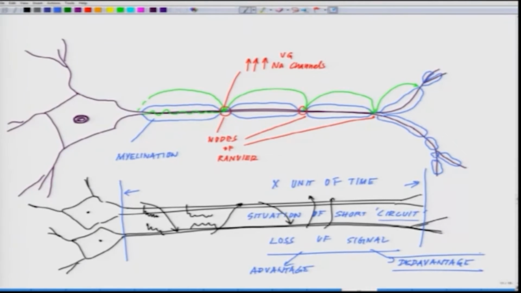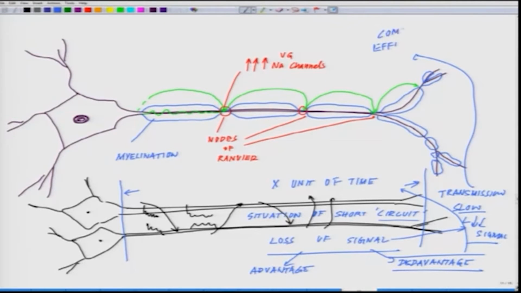In terms of the disadvantage, your transmission is slow, there is loss of signal, and compromising the efficiency of info transfer.